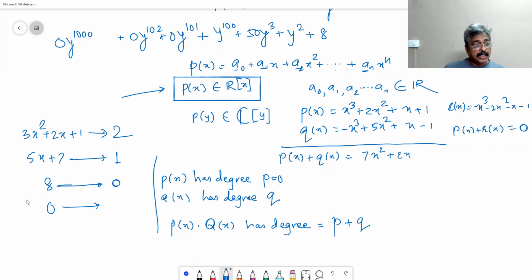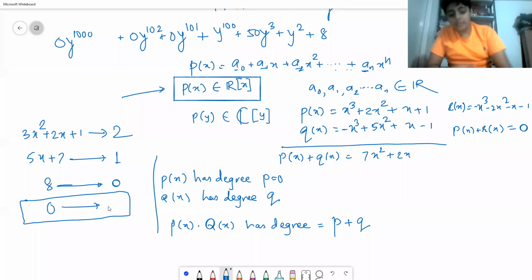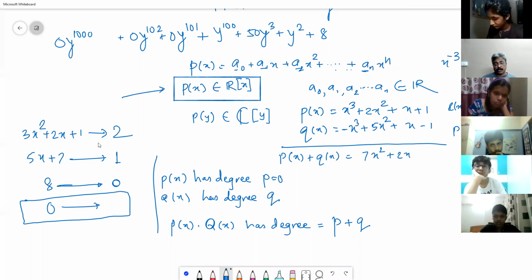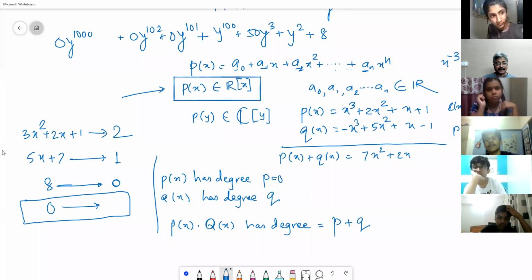So there is a confusion about the degree of the polynomial which is actually only 0. There is always going to be a confusion. 0 is always going to trouble us. Sir, maybe is it undefined? We will discuss.